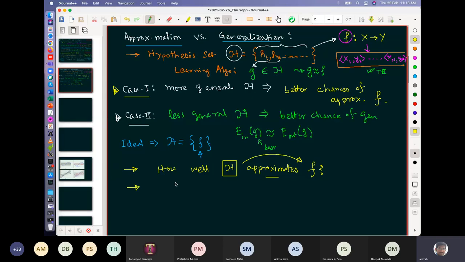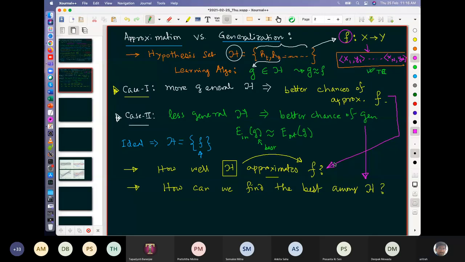The second question that we ponder is how we can find the best among everything that is in H, right? These are essentially the two questions that we are dealing with. One is the question from case 2, the other is the question from case 1. Agreed or not? Agreed, sir.